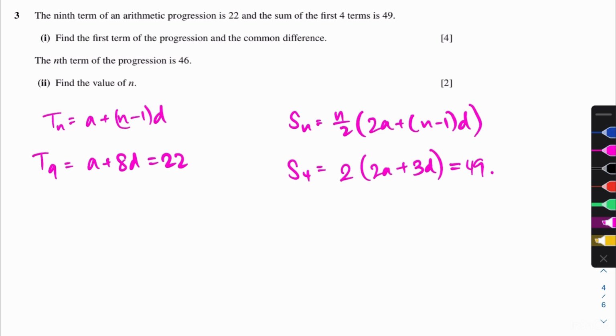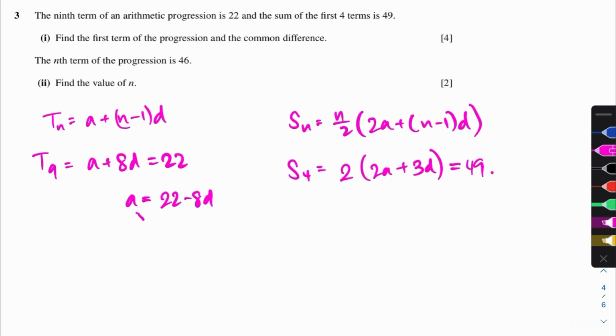Now we've got two equations here, 1 and 2, and we're going to simultaneously solve them. So I'm going to rearrange this to make a the subject, because I think that's the easiest way to do it. So it'll be 22 minus 8d.